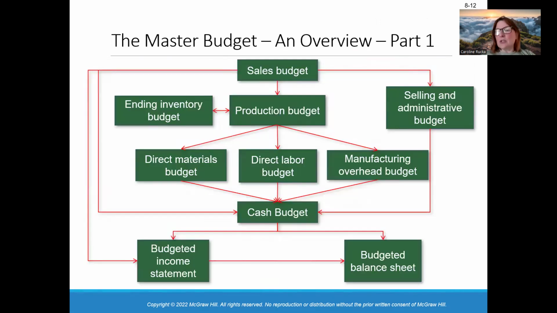All right, so this is what a master budget looks like. It looks really complex in this picture, but we're going to break it down into each piece, and we're going to see how those pieces all flow into one another to create our master budget.